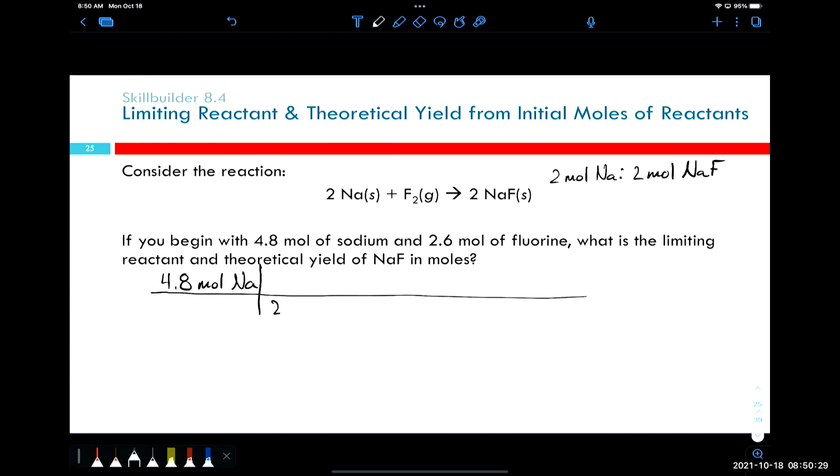And then we're going to cancel out 2 moles of sodium for 2 moles of sodium fluoride. If it's easy for you to recognize, we've got 2 and 2, so we're going to multiply by 2, divide by 2. So we don't actually have to do any math, because we're still going to get 4.8 moles. But the key is that we've changed our units now from sodium to sodium fluoride.